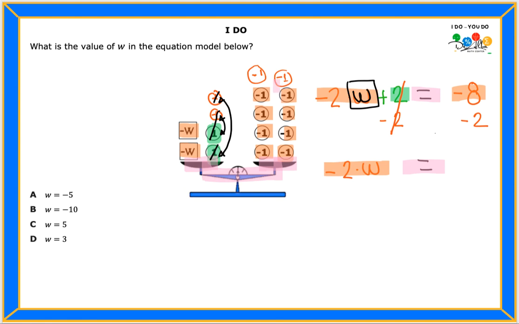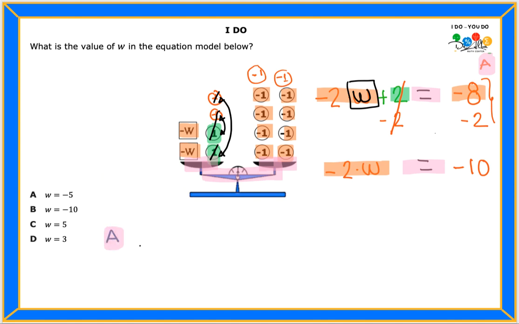And now if I add 8 negatives and two negatives, like we have in the picture here, we're going to have 10 negatives. I'm going to call this operation A. I'm going to do it on the side, step by step, so you can see how we got that number.